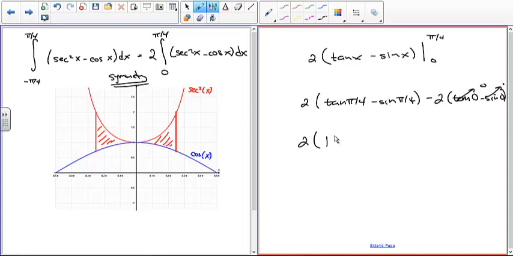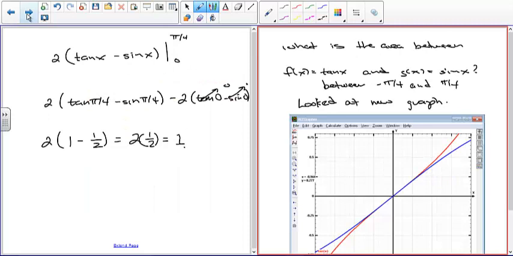And the sine of pi over 4 is going to be equal to a half. So that's 2 times a half, which is 1. So the area between those two curves is 1 unit. Piece of cake.